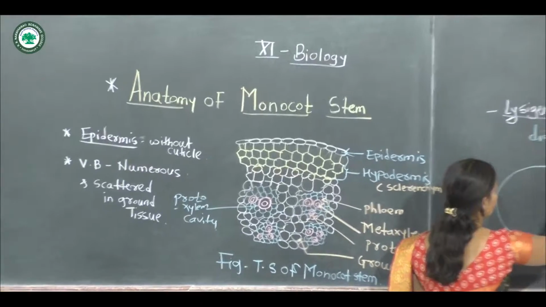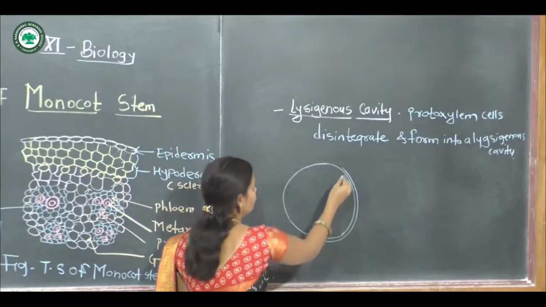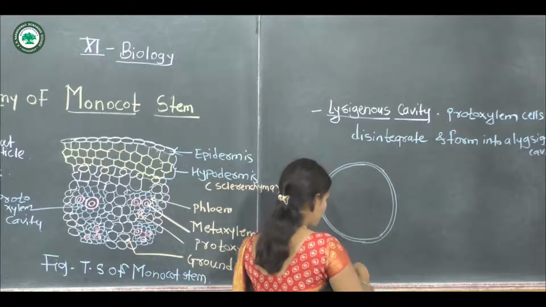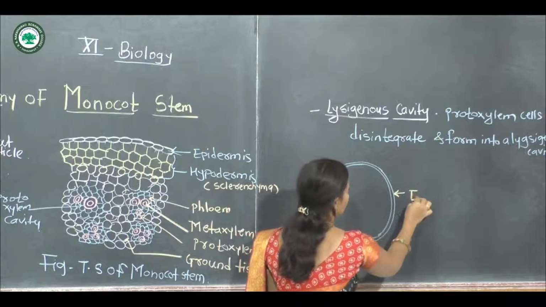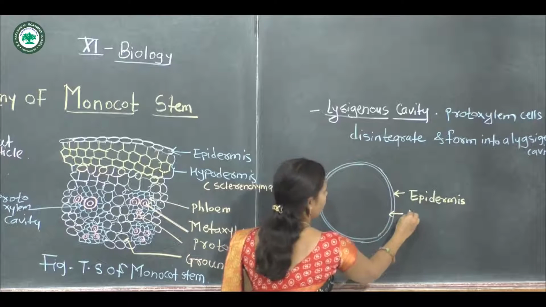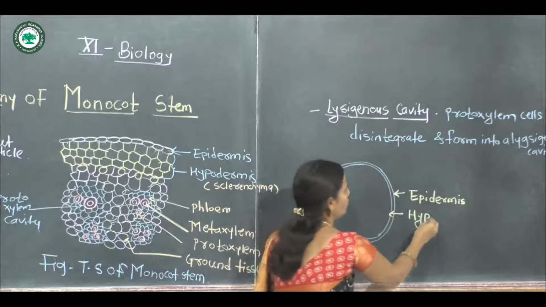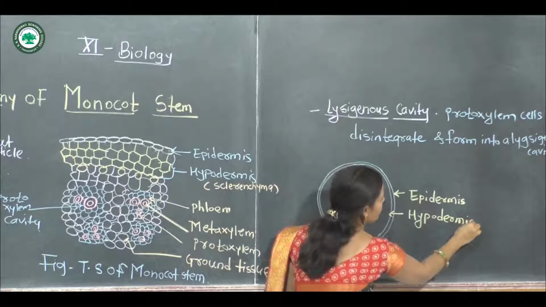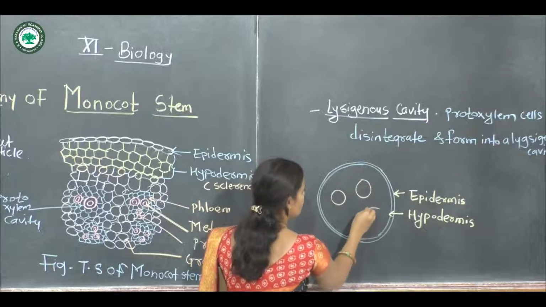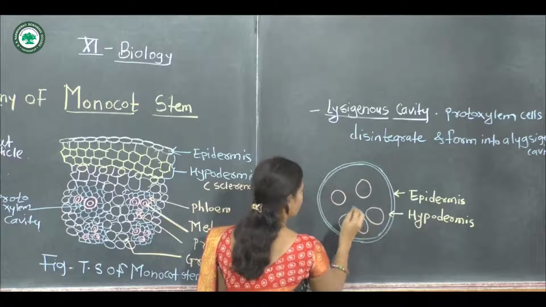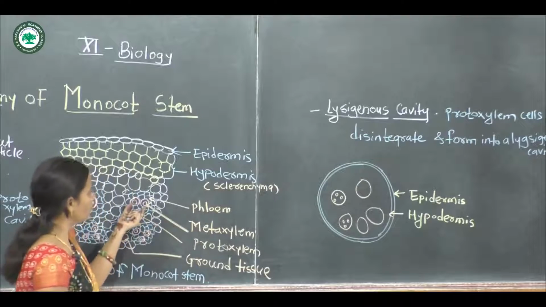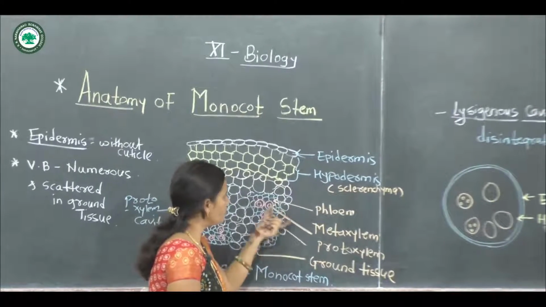The outermost layer is called the epidermis. In this simple structure of the monocot stem, the outermost part is the epidermis. Below the epidermis is the hypodermis, and in the central part are the vascular bundles, which contain metaxylem and protoxylem.